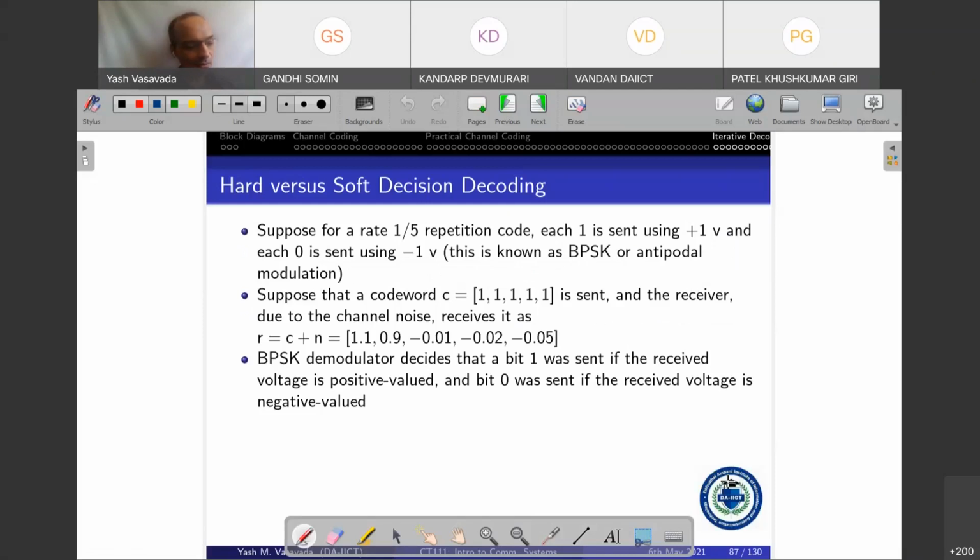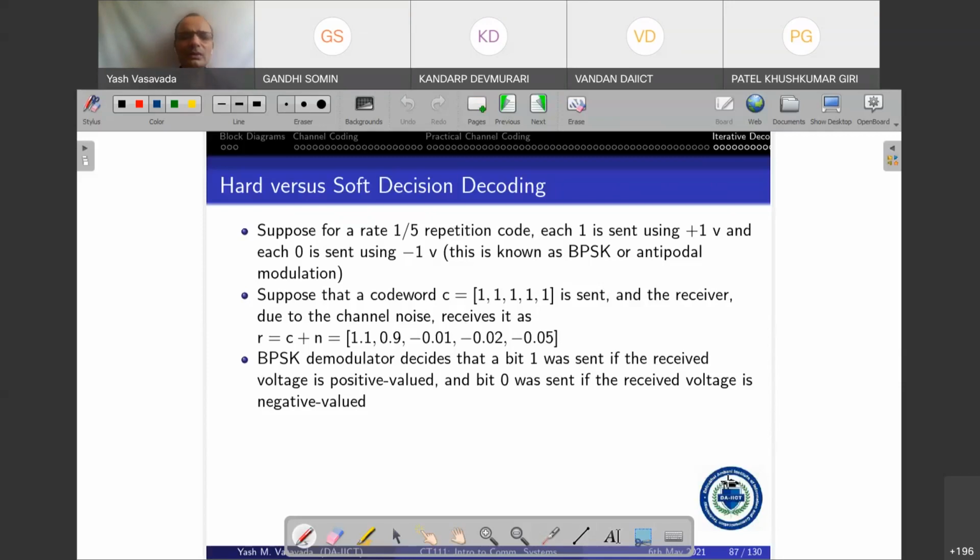When LDPC codes were first defined, several hard decision decoding algorithms were developed, and in addition, one soft decision decoding algorithm was also defined. As the name implies, soft decision is probably going to be better than hard decision. So let us see how the hard decision that we looked at earlier differs from soft decision and why soft decision is better.